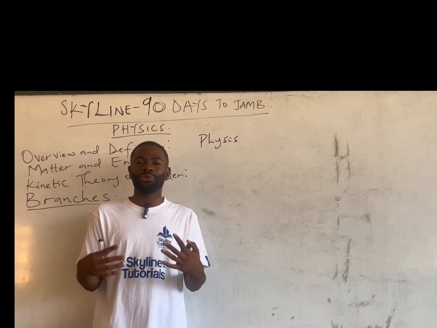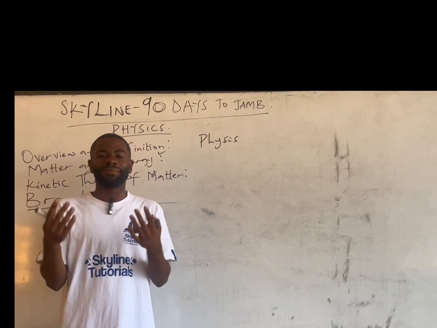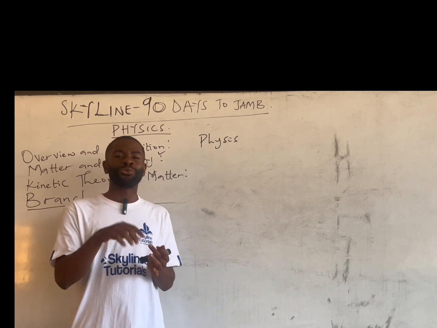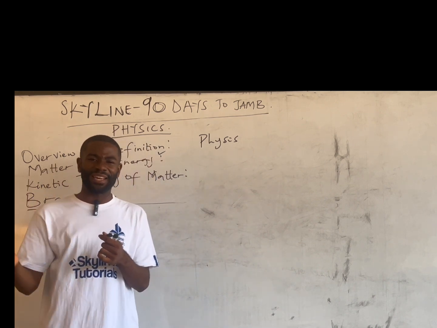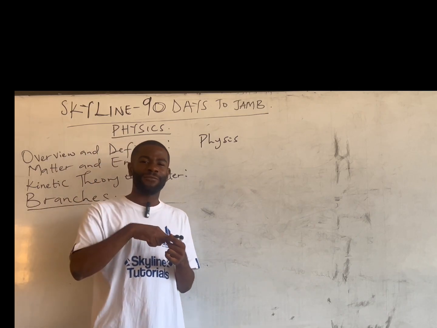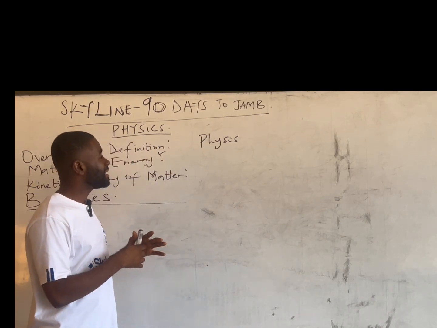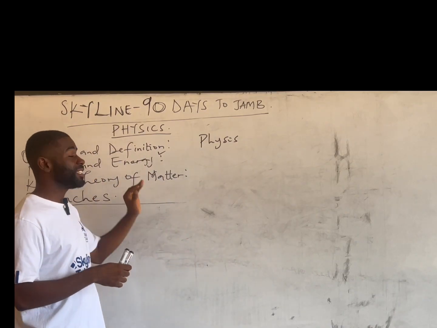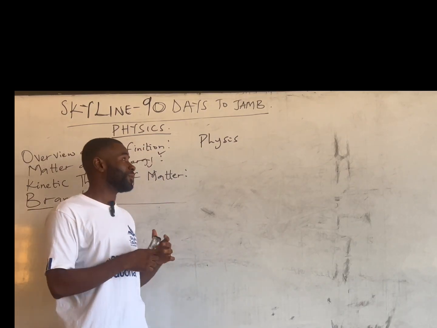Why is it better for me to use a machine than doing it myself? The functionality of a machine is to make work easier, applying lesser effort to overcome a load. Physics has a lot to play in our everyday life. Physics generally studies natural phenomena.